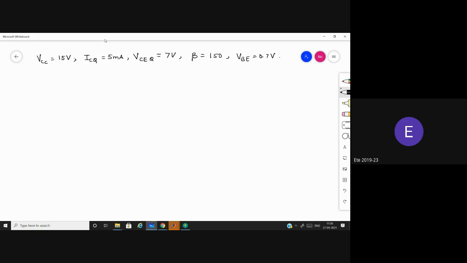But in order to find RE, what is the equation we are having? Can I write VE by IE? Yes, sir. So in order to find RE, I need IE and VE. Since I know IC, I can take IC approximately equal to IE.